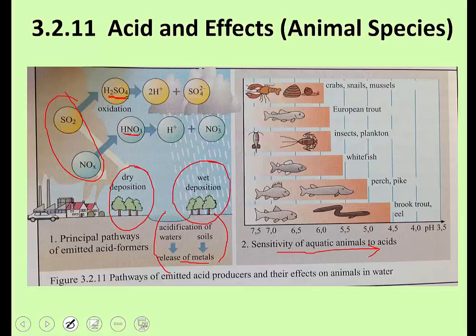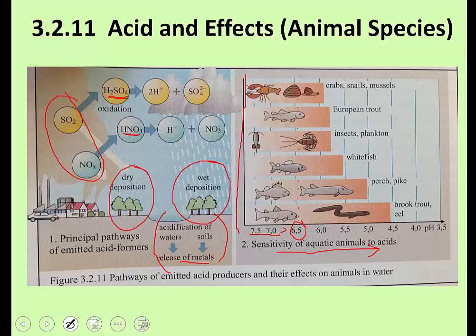Now, if we're looking, we're right up here, 7.5, maybe higher, 8, something like that. But most aquatic species are pretty good until you start getting down to about a 6.5. Okay, about 6.5. Notice the color starts to change a little. This is where we start to see some species having issues.